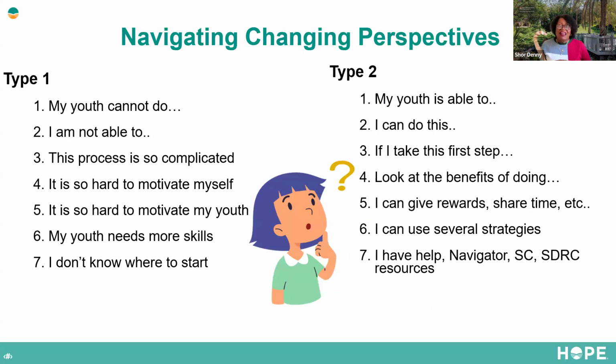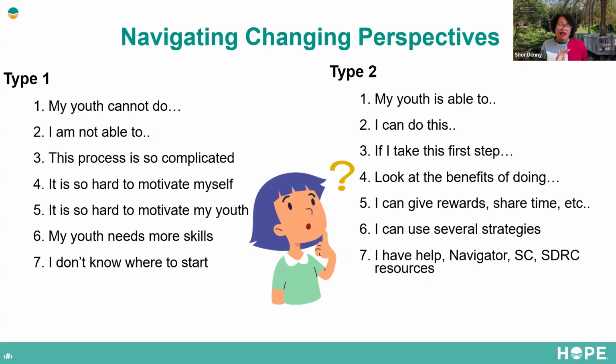So in navigating change and going through the peer support groups, what I noticed was there were a lot of things that our parents were like, wait, I don't know. So in type 1, we're going to pop to that: my youth can't do that, or I'm not able to, right? These examples are on the left.